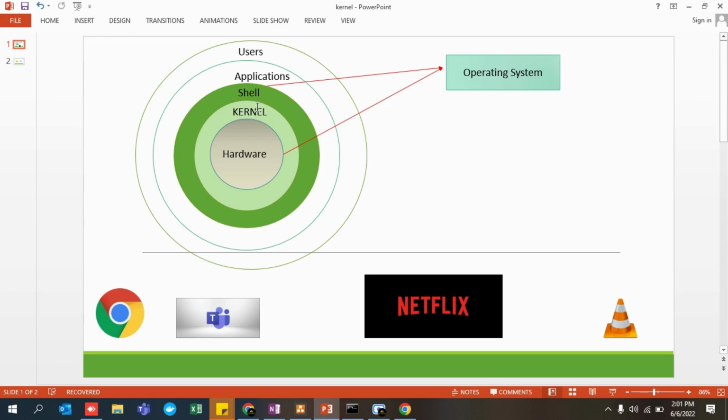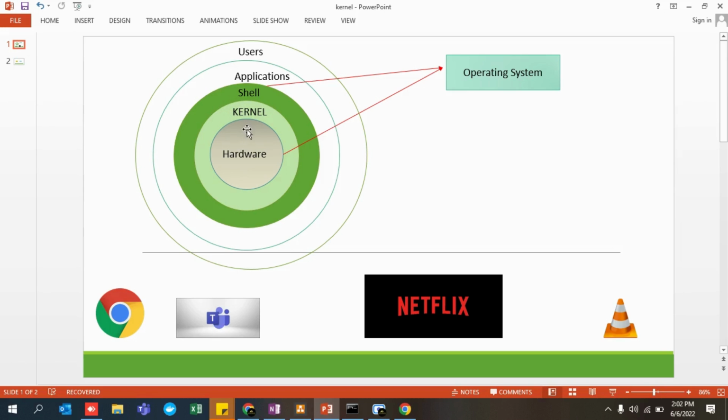Once the kernel understands that it is saying ping google.com, or any other command like ls or ipconfig, it will then further interact with the hardware. The shell is going to make a request to the kernel that I want to ping, or I want to access certain things, whatever it may be, right? Then the kernel will be able to understand, because it got converted into the language which the kernel can understand, and that was basically done by the shell.